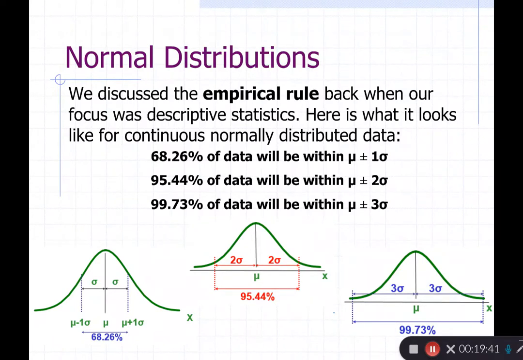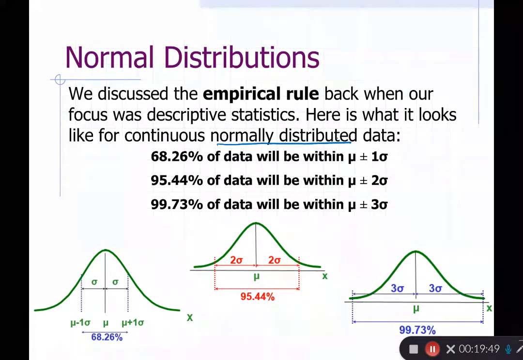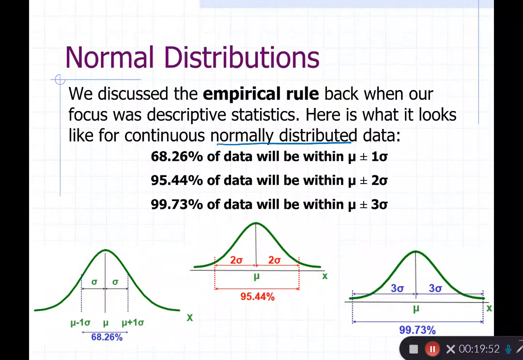It applies to continuous or discrete data, as long as the data is normally distributed. And what it means is about 68% of the data will be within one standard deviation of the mean, or have a z-score between -1 and 1. About 95% of the data is within 2 standard deviations, and about 99.73% will be within 3 standard deviations.